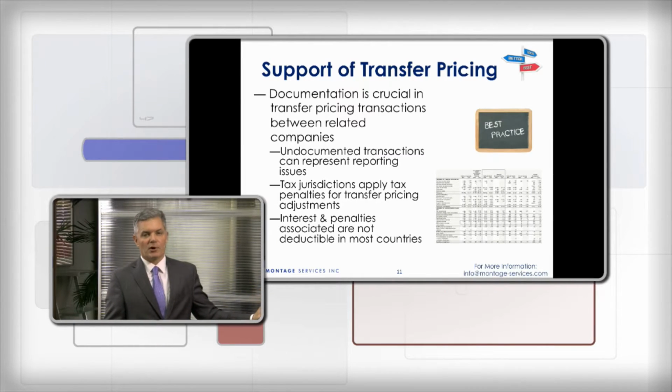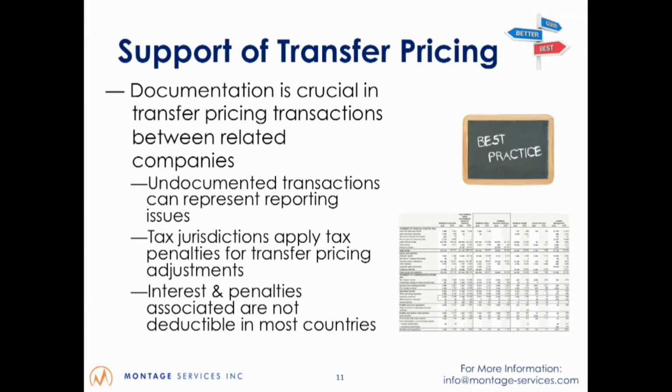There's usually reports that are done each year as it relates to transfer pricing. Unique to the United States is we don't need to provide those reports to the IRS or to our government when we file the corporate tax return. In other countries, it is a requirement to have an annual submission of the transfer pricing documentation.